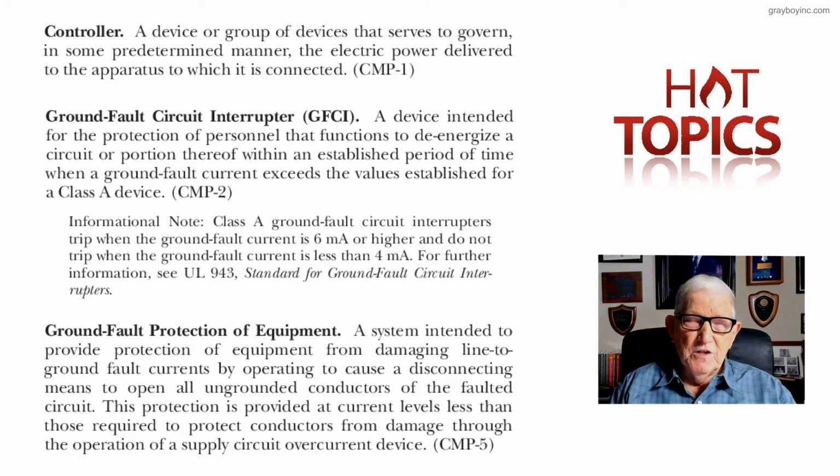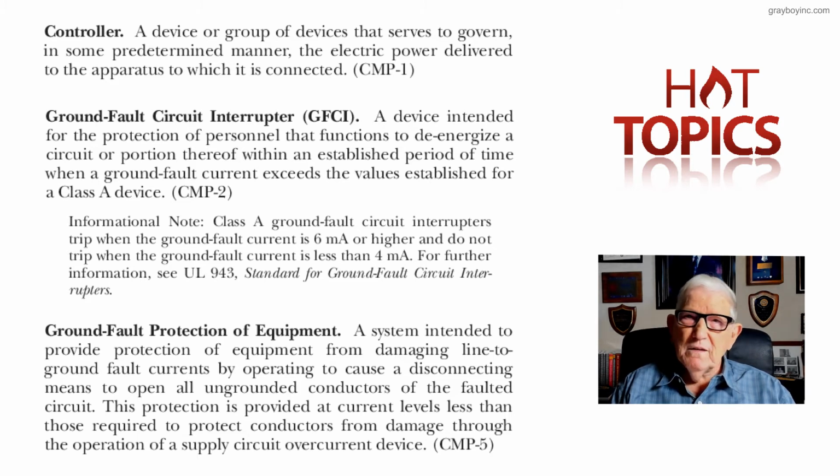Maybe no, we consider it an outlet. But to me, ground fault protection of equipment maybe should be used here, where you'd have a Class B 30 or 50 milliamp ground fault protection of equipment device, not a GFCI that creates a lot of nuisance tripping for the user of this equipment.